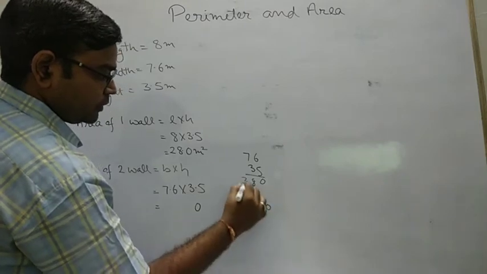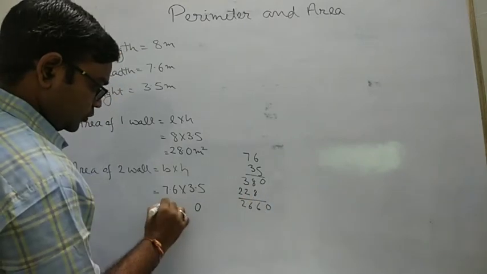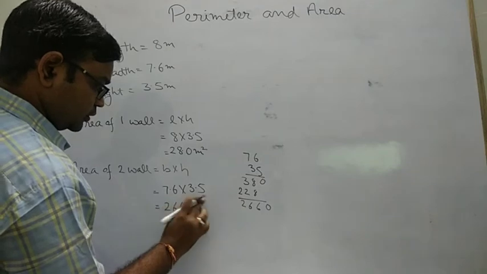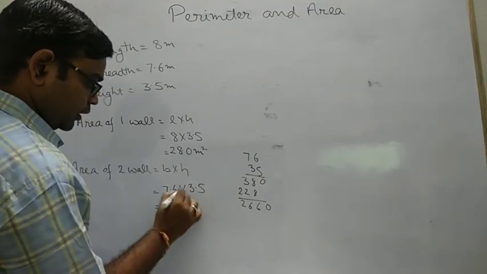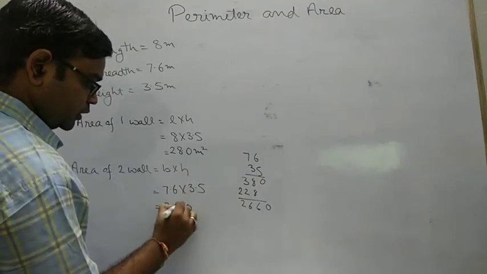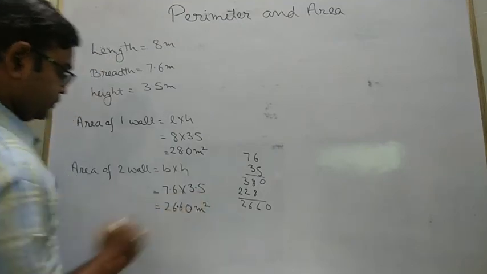So 2 6 6 and 0. This one is 26.60 meters square.